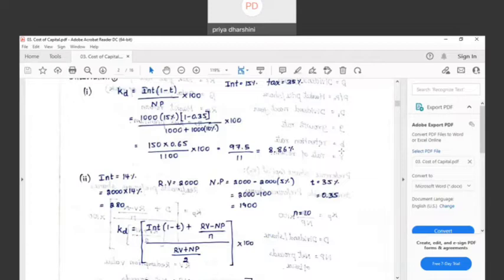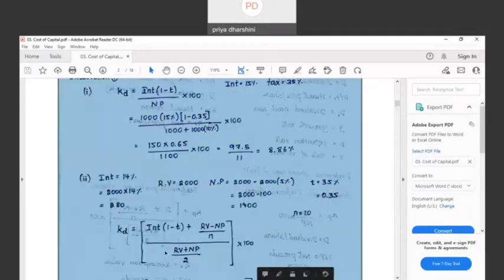How much is face value? 2000. 2000 into 14% will give you the amount of interest. Redeemable at par, so redemption value is 2000. 5% is flotation cost. How do you measure net proceeds? 2000 is the face value minus 5% flotation cost on 2000. You will get 1900 as net proceeds.